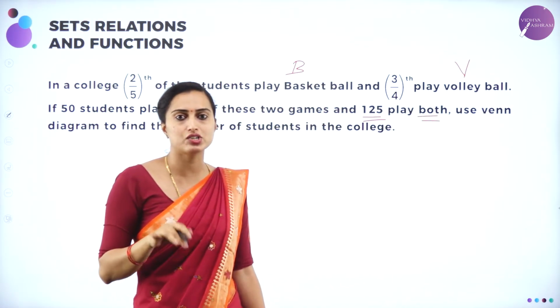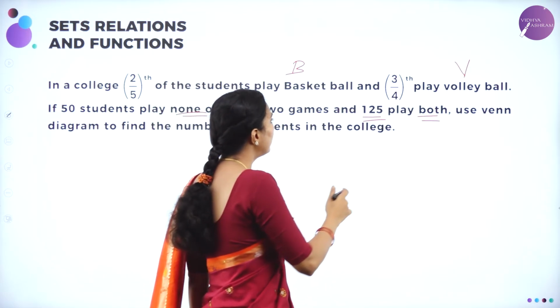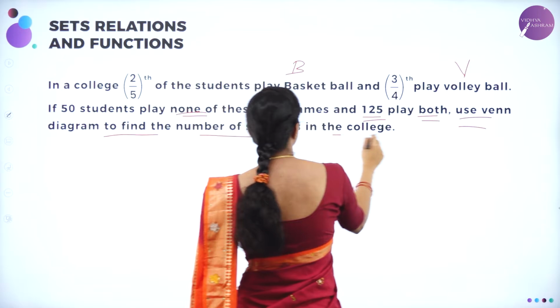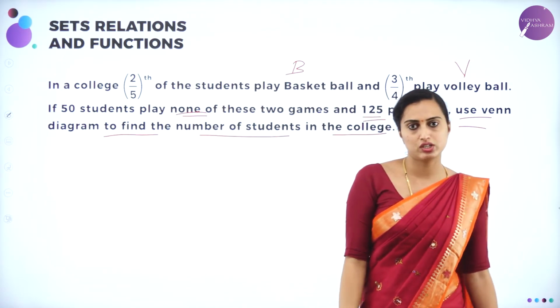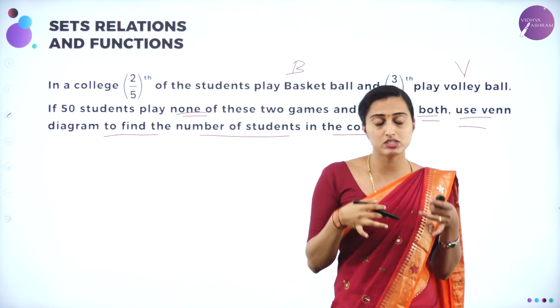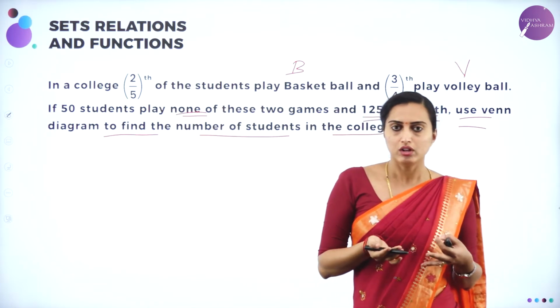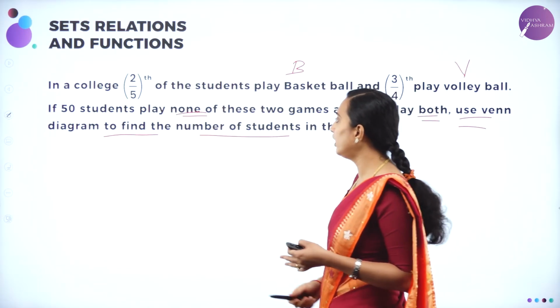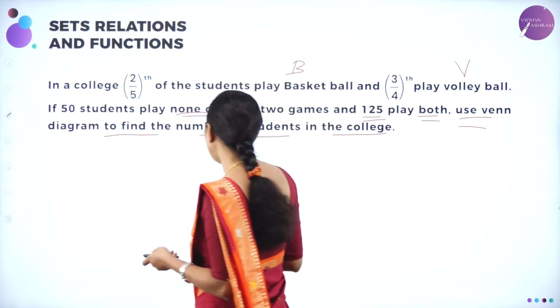Intersection, volleyball intersection basketball. Use a Venn diagram to find the number of students in the college. That means the total number of students, N of U or union, you are going to find out there.